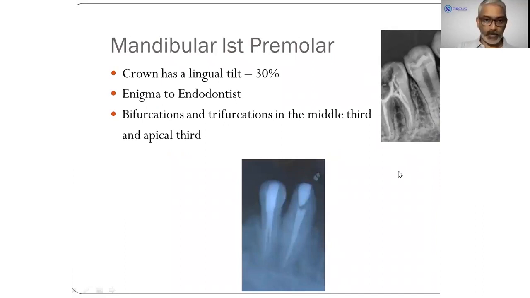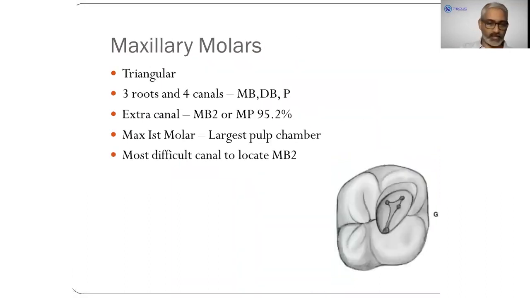Your mandibular crown always has a lingual tilt, and this lingual tilt is more for the first premolar than the second premolar. So the mandibular first premolar is generally known as the enigma to the endodontist. Why? Because it has a lot of complications. Many times Wien's type 4 is more seen in this mandibular first premolar. A lot of bifurcations and trifurcations.